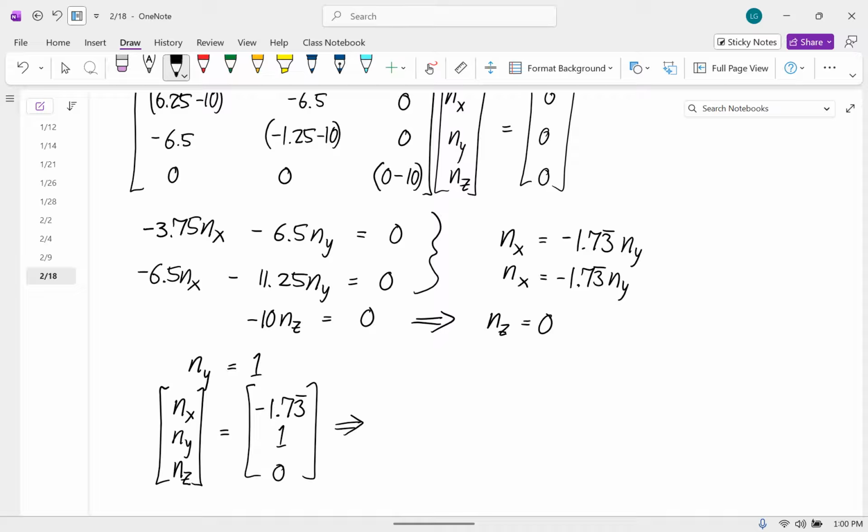Oh, you can choose, but the relationship that we have is whatever you choose for ny, nx is negative 1.73 times that. And so as a unit vector, if you normalize this, you get negative 0.866, 0.5, 0, and this is plus or minus.